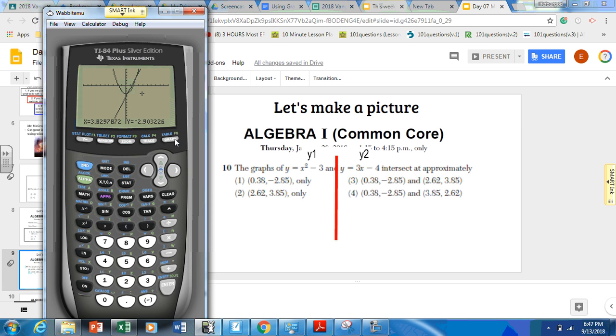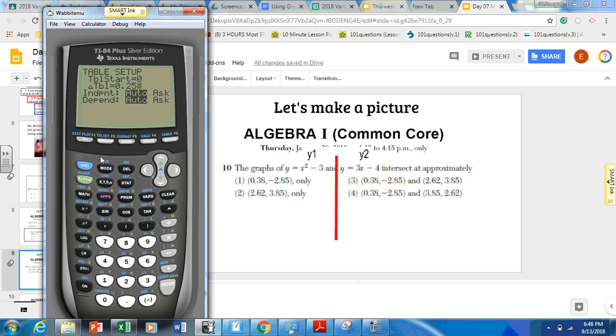strategy. I'm gonna go to the table, second table. Okay, and because I want to see these endpoints, I'm going to say my table value. All right, I'm going to set my table value at let's say 0.25.